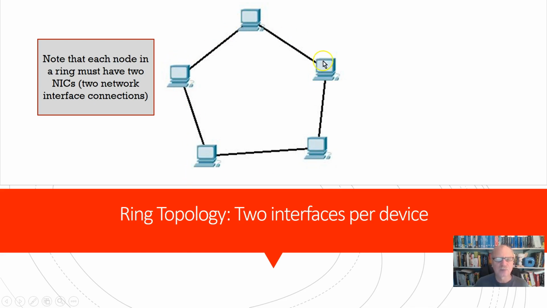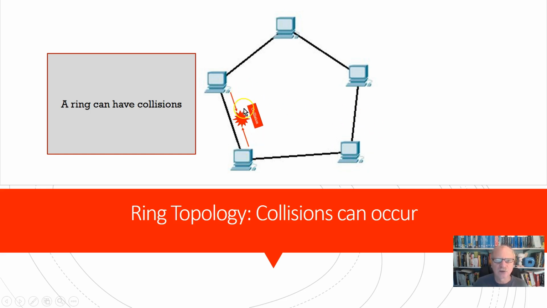And so that is a problem with some ring topologies. Another problem is that rings also create collisions. When something sends it out, it just goes around this ring in both directions, and pretty soon you've got collisions going on. So we have two problems here, the connections and the collisions.